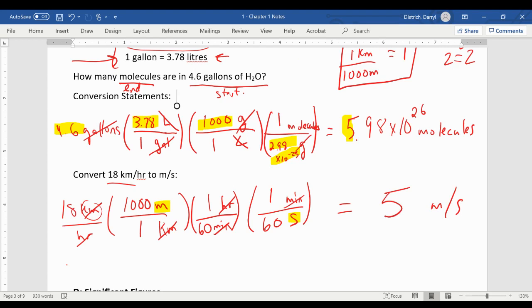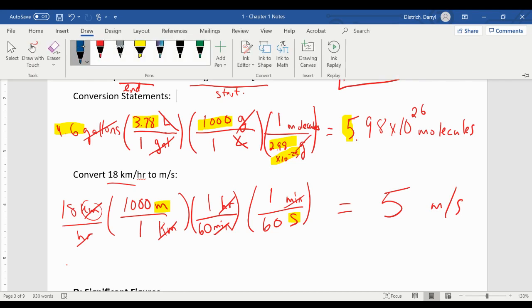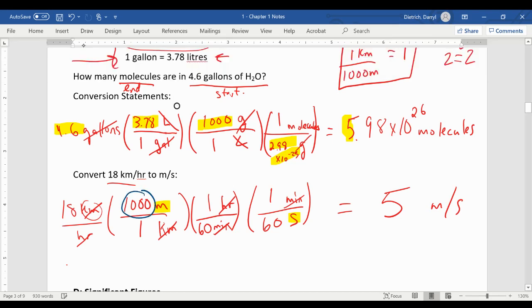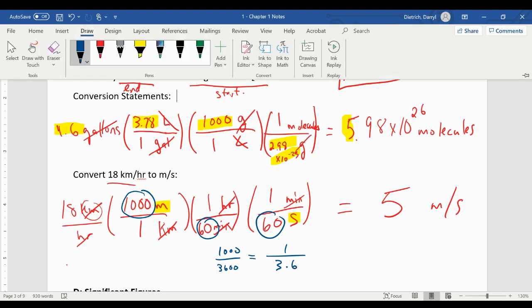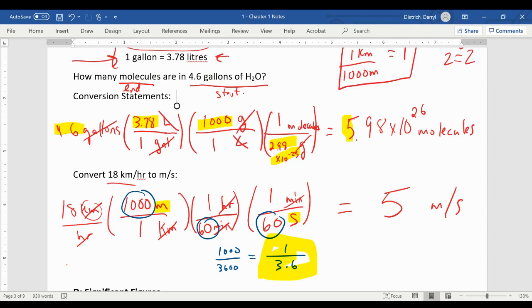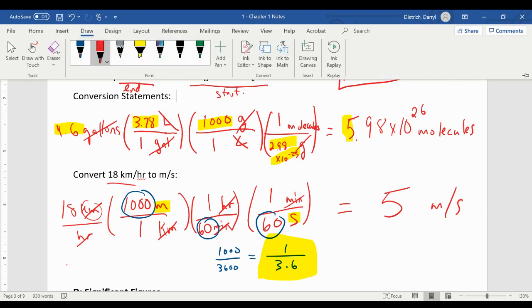Then I just want to point out one last thing here: the numbers that you plugged and chugged are 1,000 over 60 times 60, or 1,000 over 3,600. If we reduce this, it turns into 1 over 3.6. And this 3.6 number is going to become special for us in physics, because this is a common conversion.